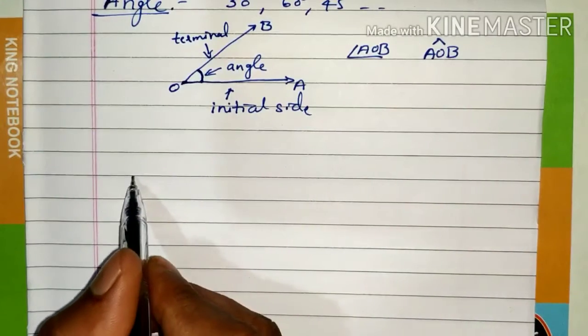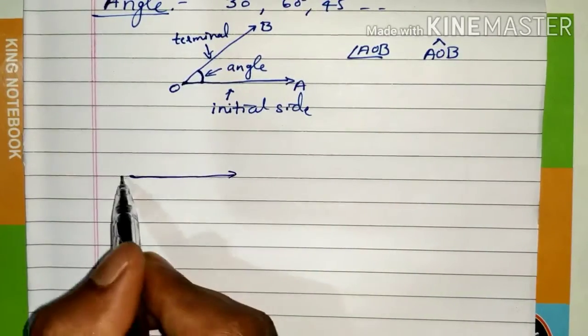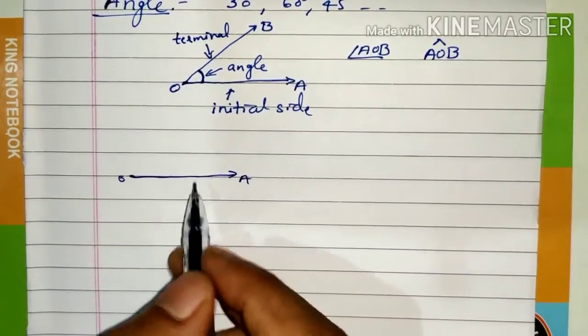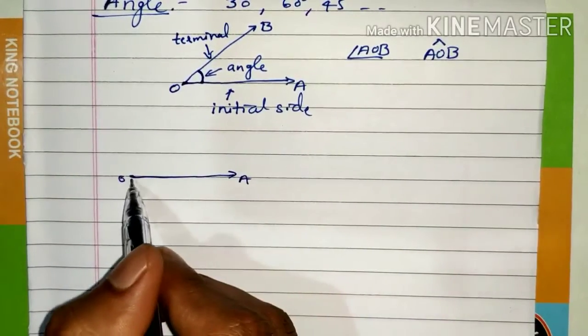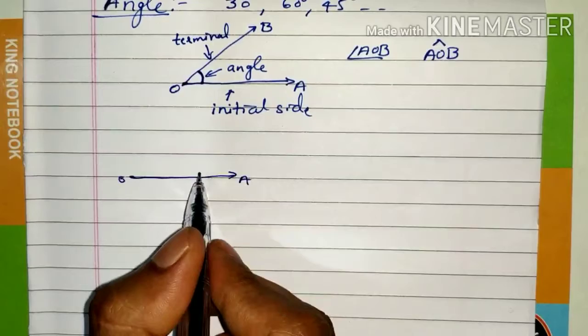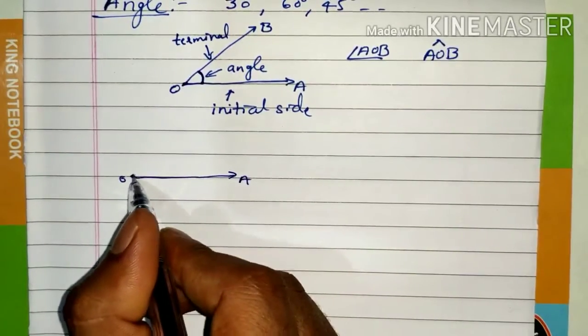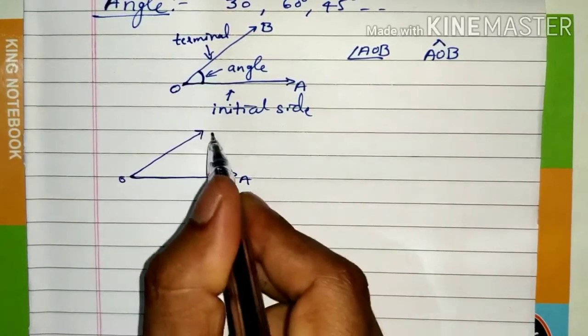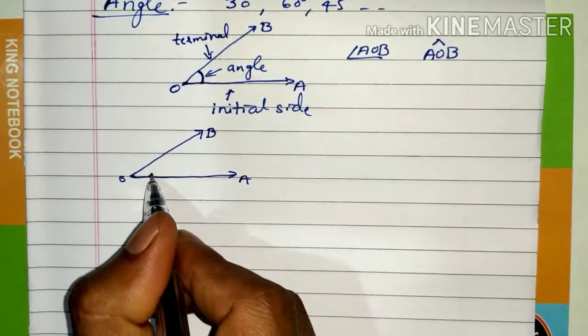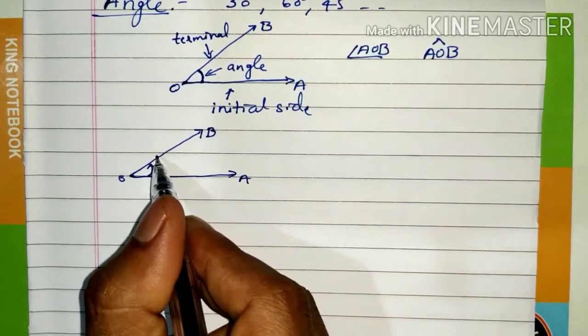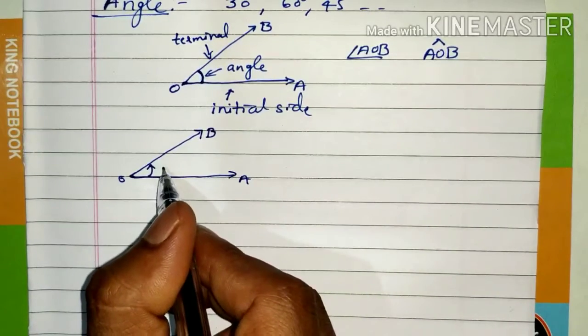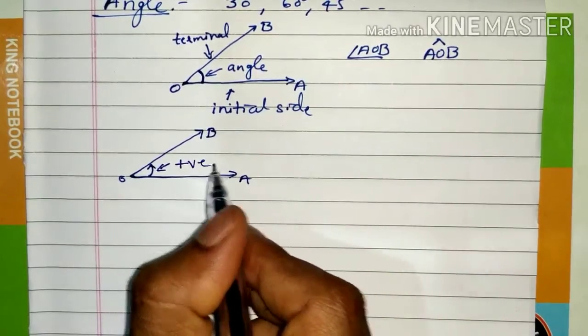In trigonometry, suppose I consider a line OA, and this is the initial position of line OA. If it rotates anti-clockwise and reaches this position, then this amount of rotation is considered as positive angle.